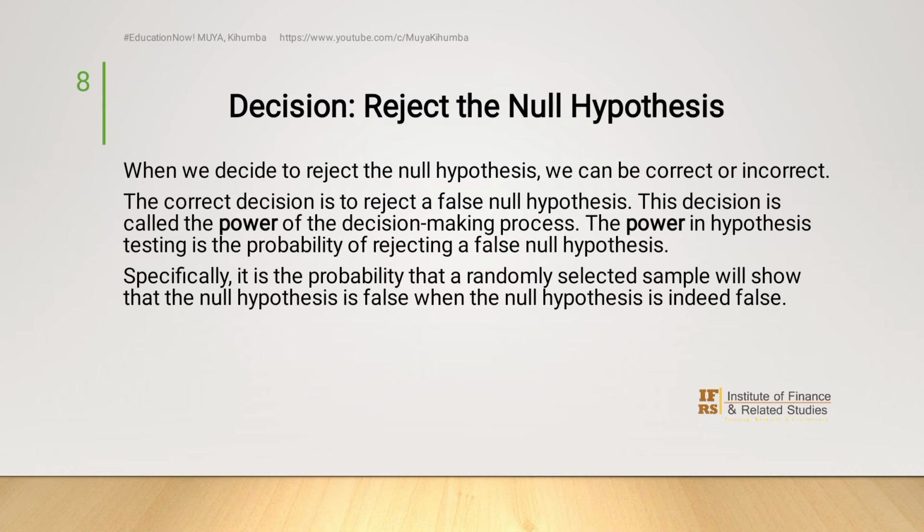And maybe I could re-emphasize, the power in hypothesis testing is the probability of rejecting a false null hypothesis. Specifically, it is the probability that a randomly selected sample will show that the null hypothesis is false when the null hypothesis is indeed false.